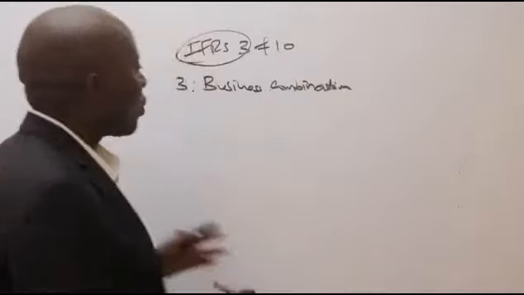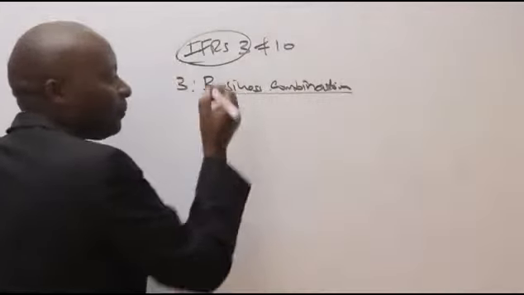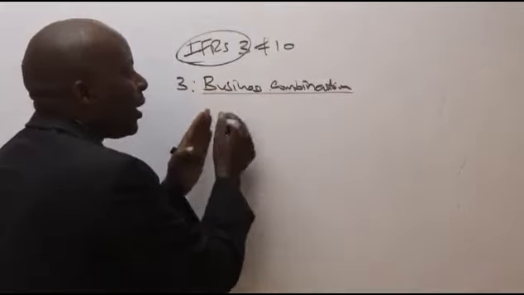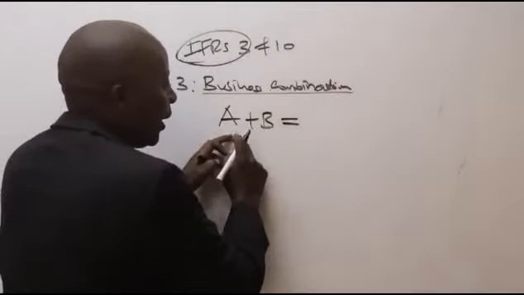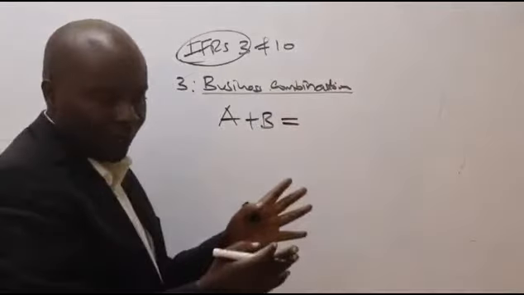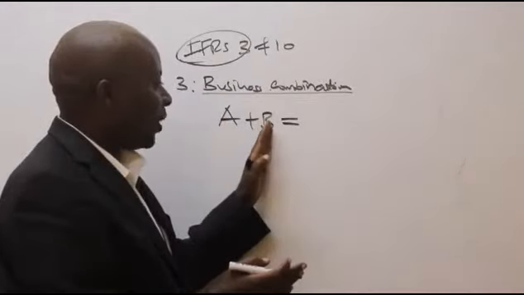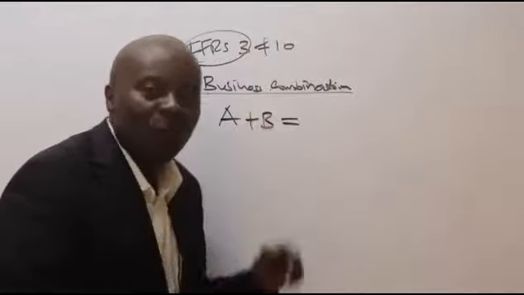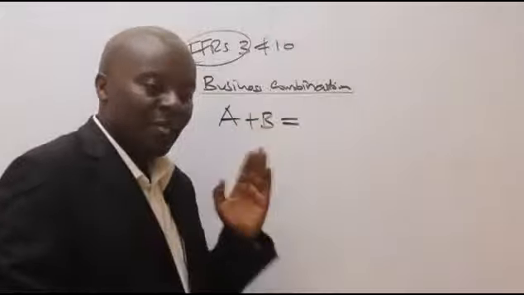So when you talk of business combinations, we can only consolidate results if the companies that are coming together are genuinely in business. If we have a company A and a company B coming together, and company B is a dormant company, it means that it is not in business.